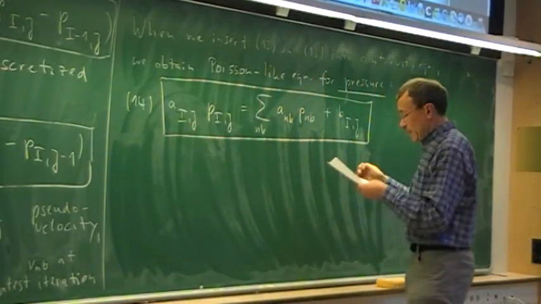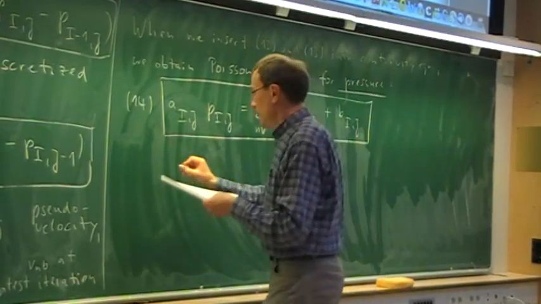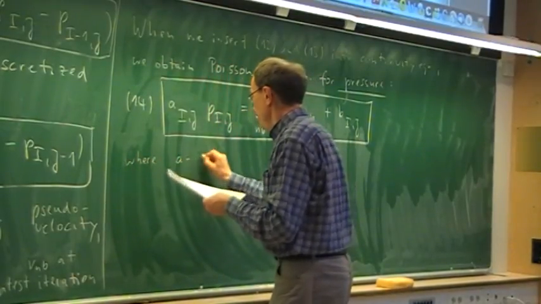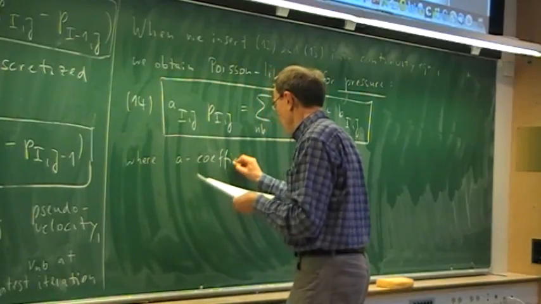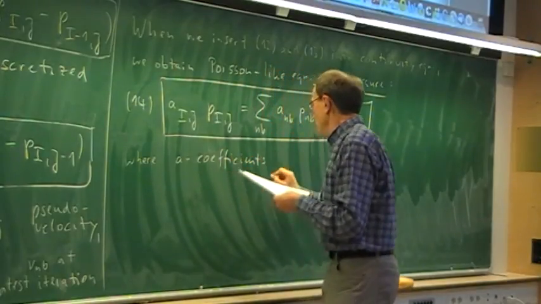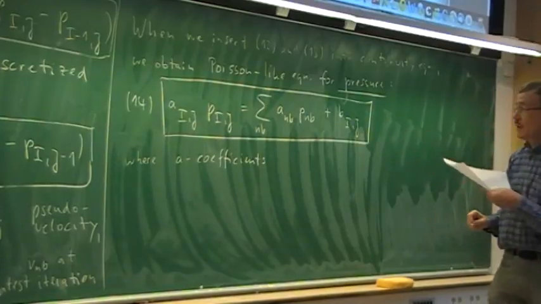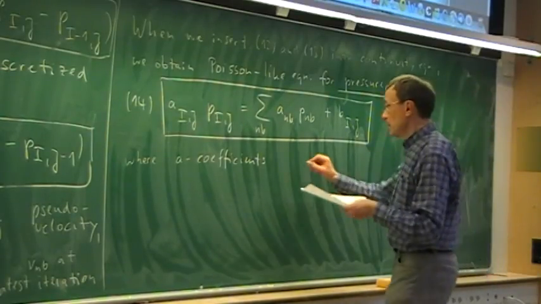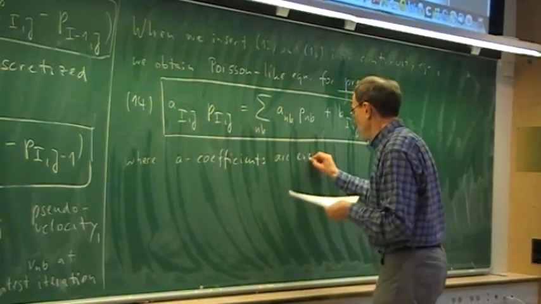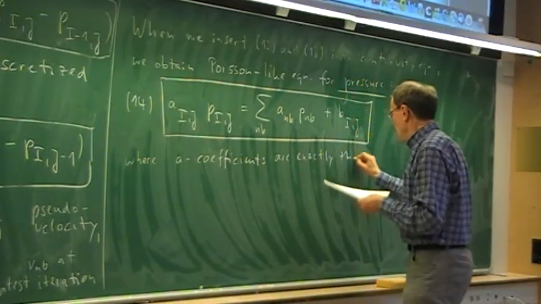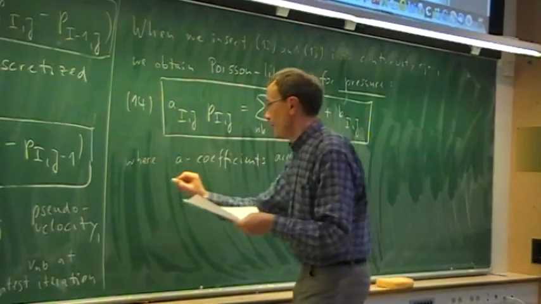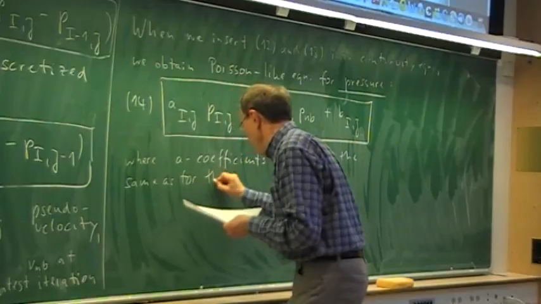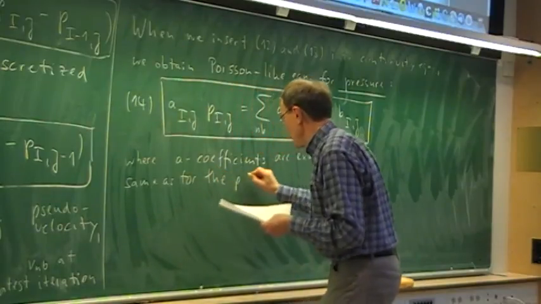So when we do the derivation, we find out that the A coefficients, both for the center and for the neighbors, are exactly the same as for the pressure correction equation that we use for the SIMPLE method.